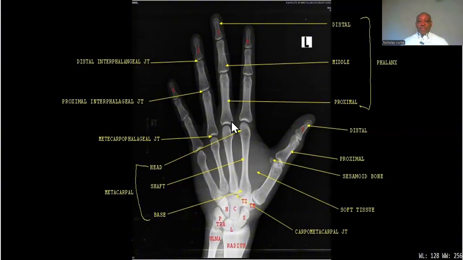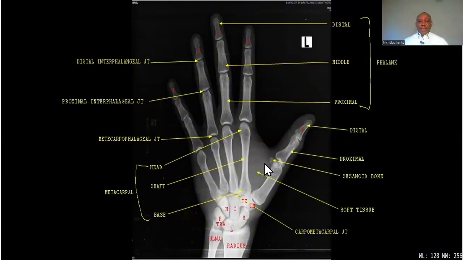Between the phalanges, we now have the proximal interphalangeal joints, 1, 2, 3, 4, and the distal interphalangeal joints, 1, 2, 3, 4. However, we only have 1 interphalangeal joint in the thumb, because it has only 2 phalanges.